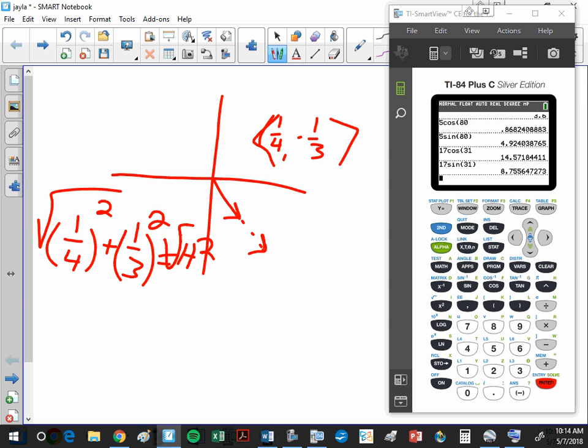Then I take the square root. And when I get that answer, let's say it's 1 over root 5, I don't know. Then I'm just going to divide this by 1 over root 5, and then just flip and multiply. So the process is exactly the same. Okay. Find a unit vector.